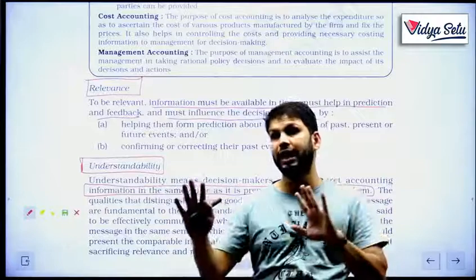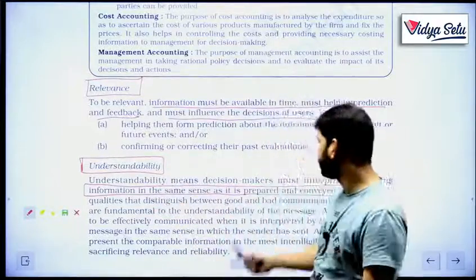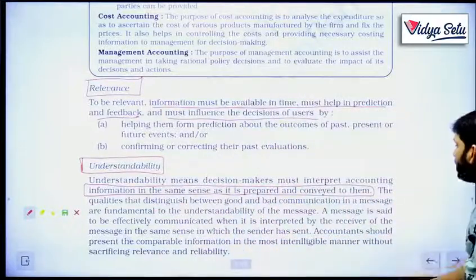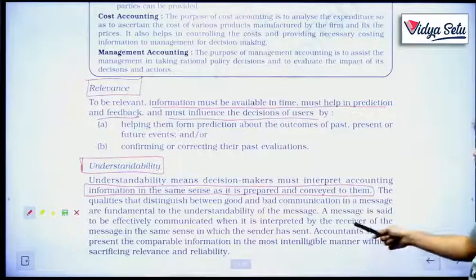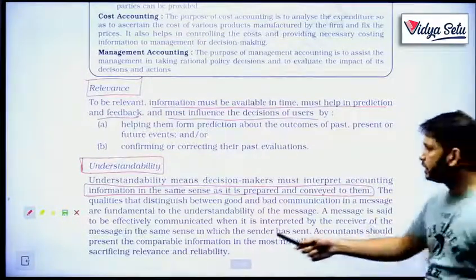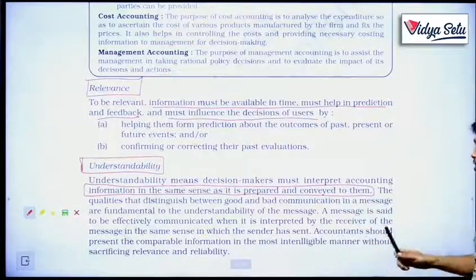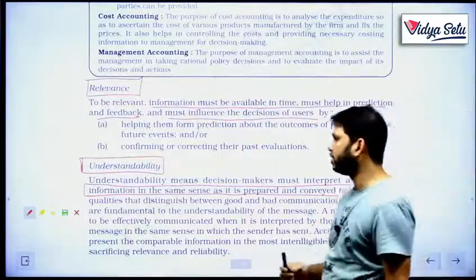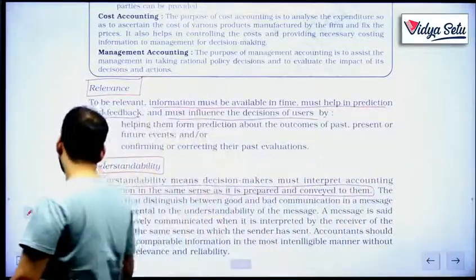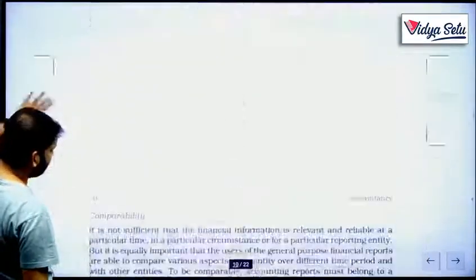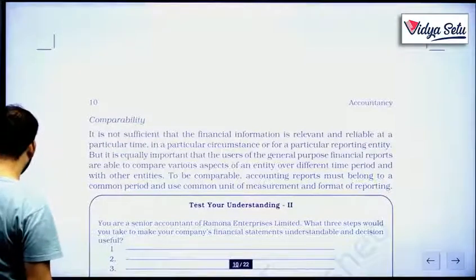He did not understand it any other way. An accountant should present the information in the most intelligible manner without sacrificing relevance and reliability. In understandability, that's the only thing we needed to know.